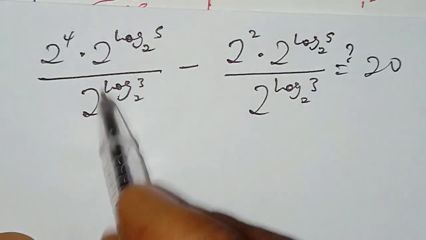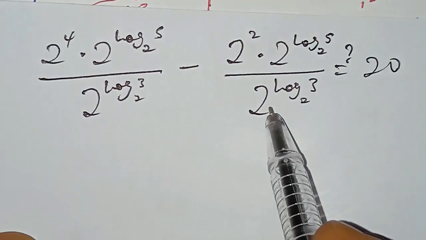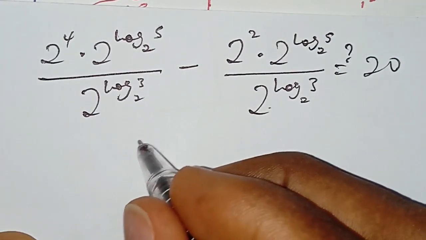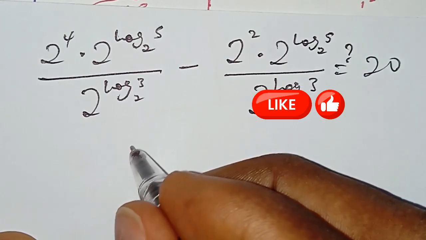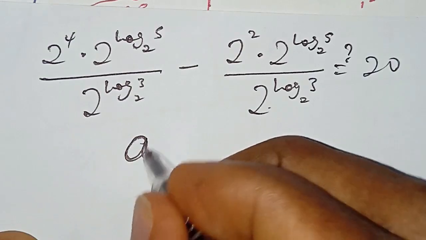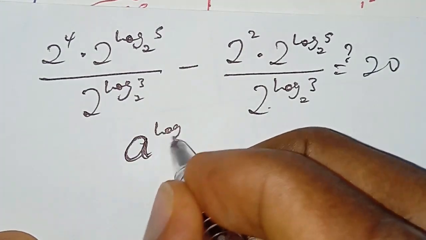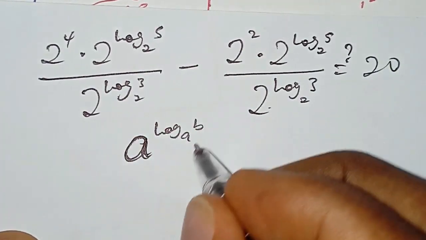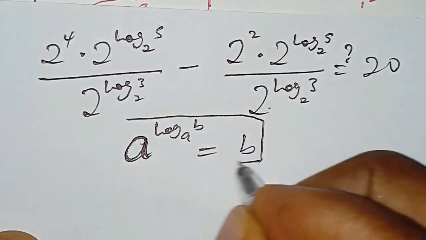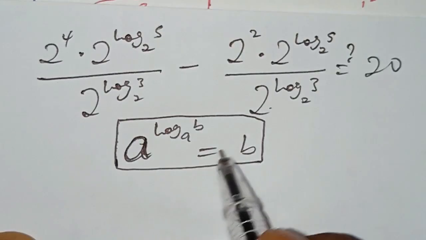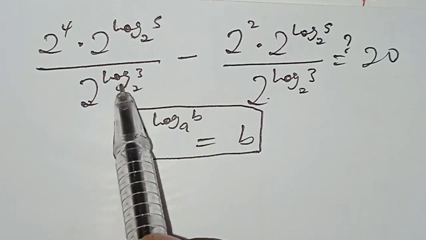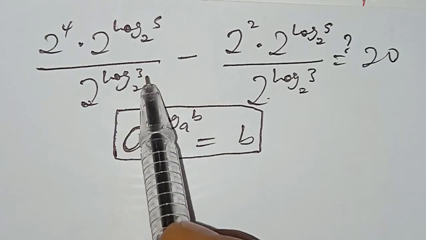So this and this and this and this as well will become this when we apply this identity. If we have base A raised to power log of base A B, it can be written as B. So the resulting answer can be written as B. So we can see we have base 2 raised to power log of base 2 3.